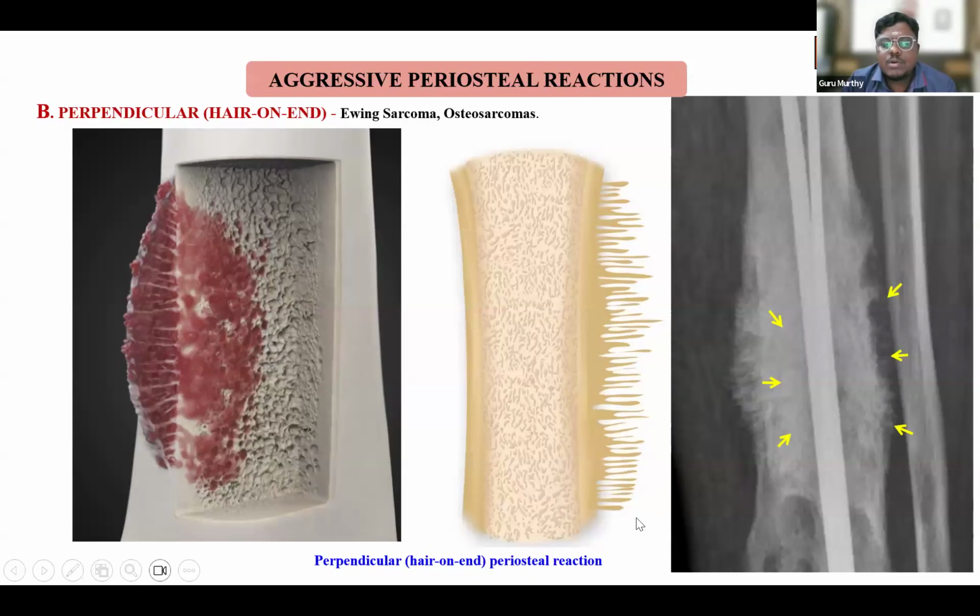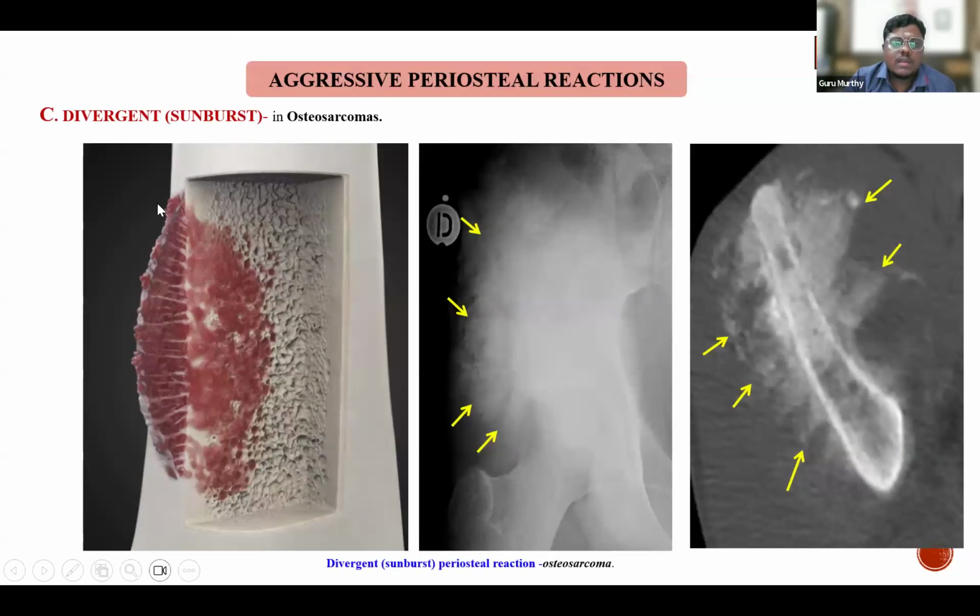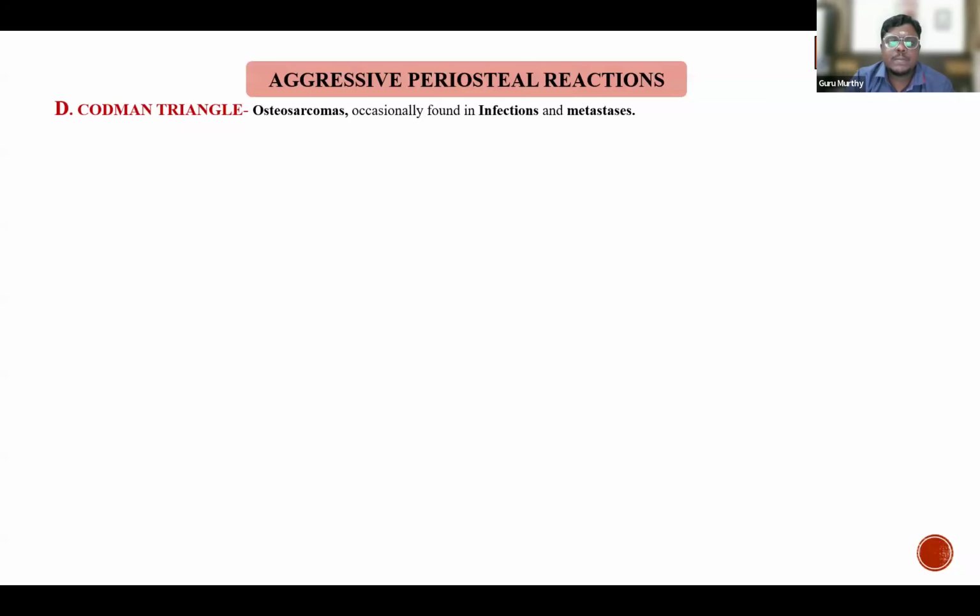Then this is a perpendicular hair-on-end type of periosteal reaction. We can see spiculated bony spicules also, which is usually some bridging mineralization along with the periosteal components. Or it can be divergent in the form of a sunburst appearance. This is also usually seen in osteosarcoma.